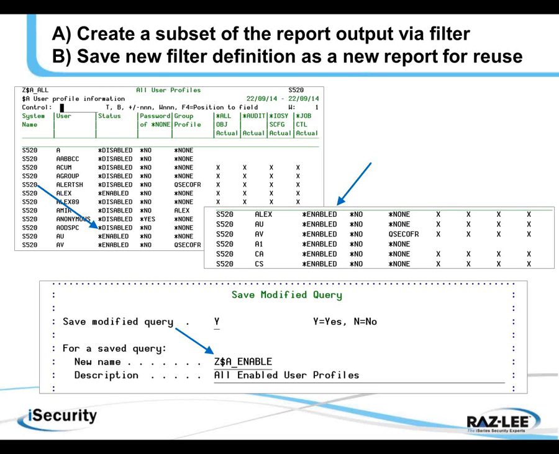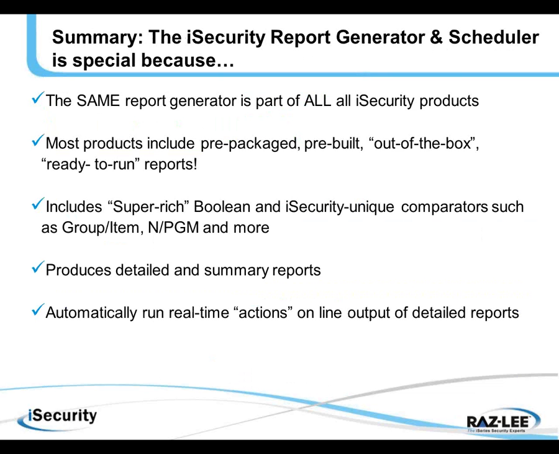And when we then press F3 to exit, we're given the capability to save the modified query. And I typed in here a new name, which is $A_enable, and given it a new description, all enabled user profiles.